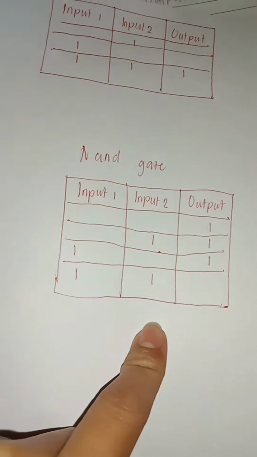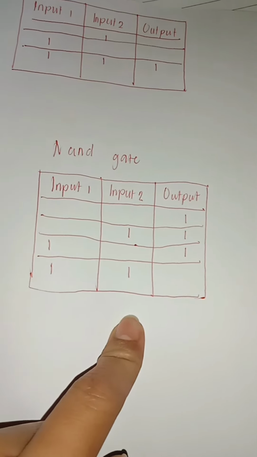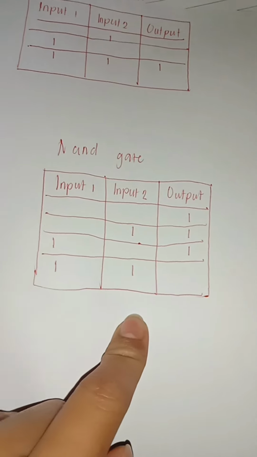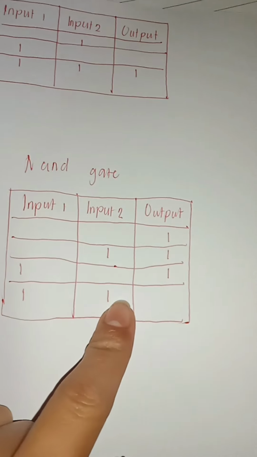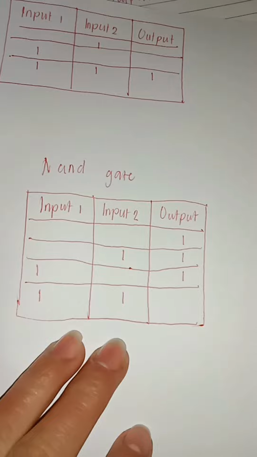So it acts in the manner of the logical operation AND followed by negation. The output is false if both inputs are true, and otherwise the output is true.